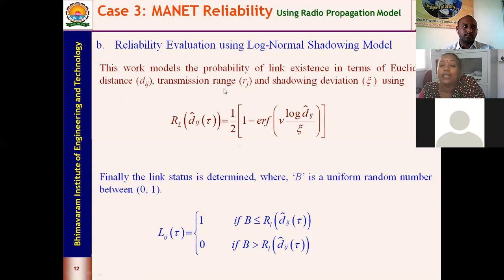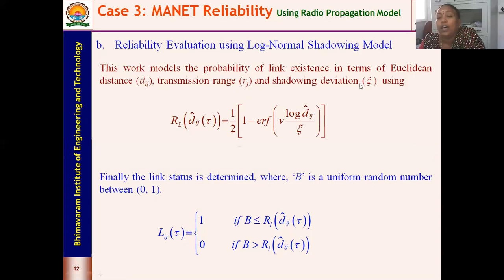We design the link probability based upon the distance which we calculate between two nodes, and we also consider the transmission range of the node and psi, the shadowing deviation. Based upon this shadowing deviation, we are going to study the effect on the reliability.